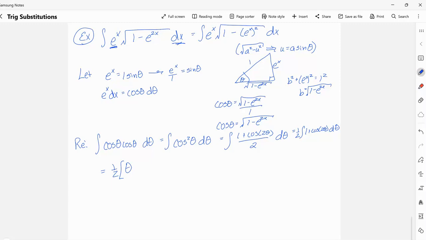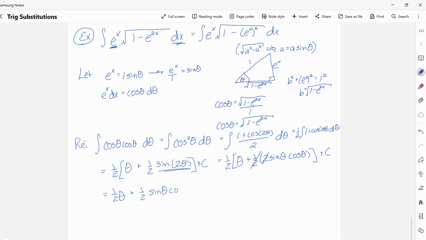When I integrate cosine of 2 theta, I would need a 2, compensate with a 1/2. Integrating cosine is going to give us the sine. Again, we've got to use that double angle formula there. And that's going to reduce. So I'm going to have 1/2 theta plus 1/2 sine theta cosine theta d theta.